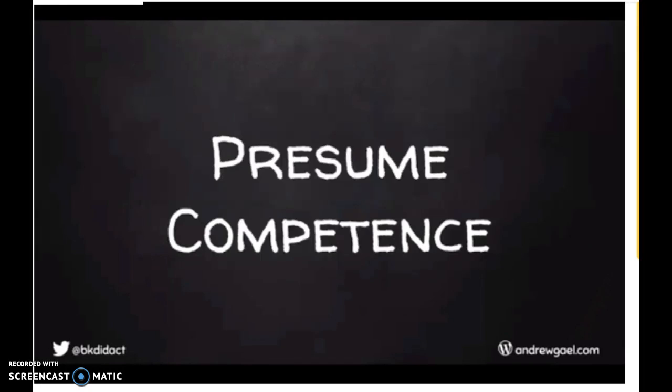And when we're thinking about the word presumed, presuming competence is one of the tenets of the disability rights movement. It was born out of the work done with people who were once considered nonverbal and were thought to not have the cognitive capabilities that came with expressive communication.